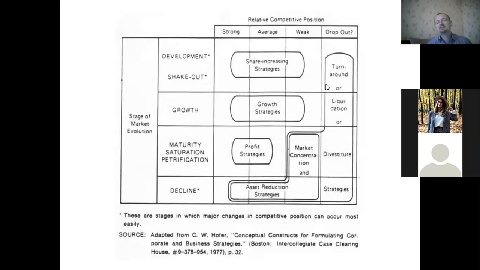As shown here in this picture, on the horizontal axis we have the relative competitive position of a strategical business unit.